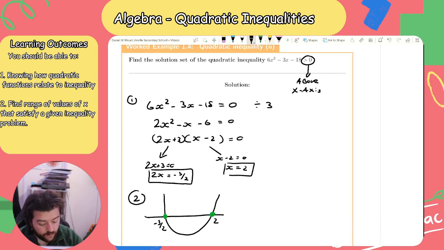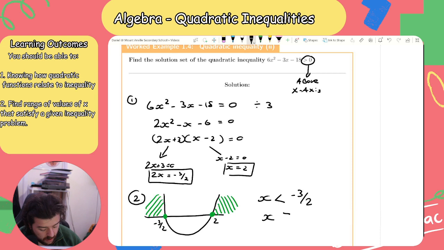I am looking for where it's greater than 0. So that's where my quadratic is above the x-axis. And you see, it's above the x-axis from this range of values here and this range of values here. So how do I get this green shaded region? Well, x has to be less than minus 3 over 2. And how do I get these green values here?